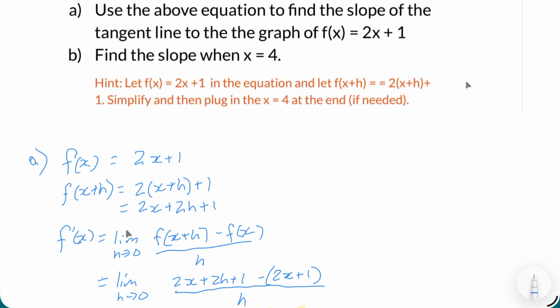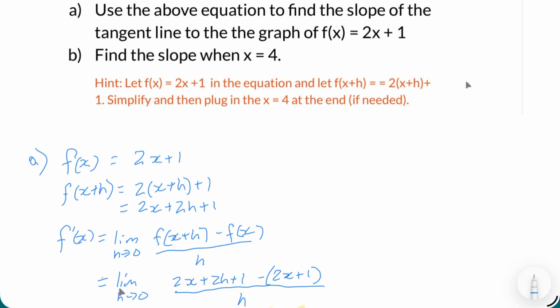Then we are going to look at what our derivative function was, f prime of x is equal to the limit as h approaches 0 of f of x plus h minus f of x over h. Where you see f of x plus h in this function, we're going to replace it with what you calculated for f of x plus h. Minus f of x, you're just going to put back the f of x that you had into that equation.